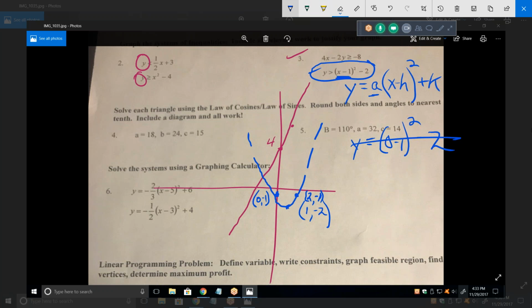And which side do I shade? Below. What's that say? Oh, it'd be above. That's the only part you ever look at. You don't look at anything to the right of that. If that says y greater than, it's always above. If that says y less than, it's always below. Okay, so we're going to shade this part.